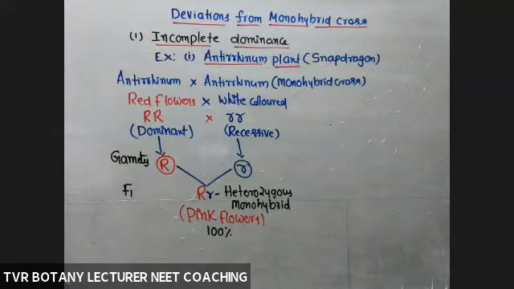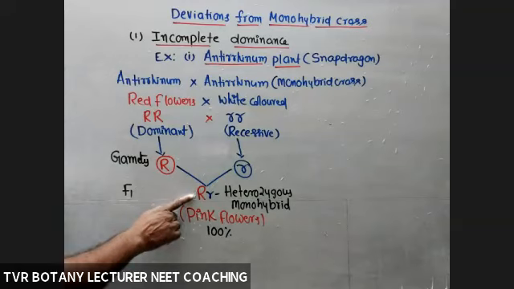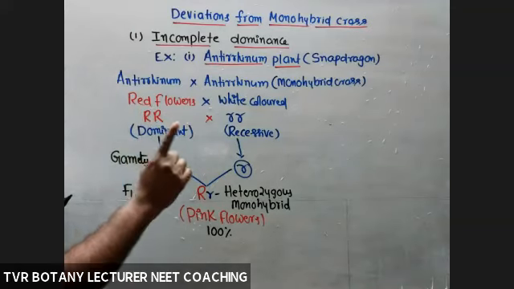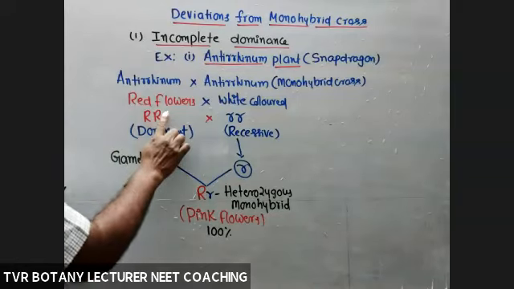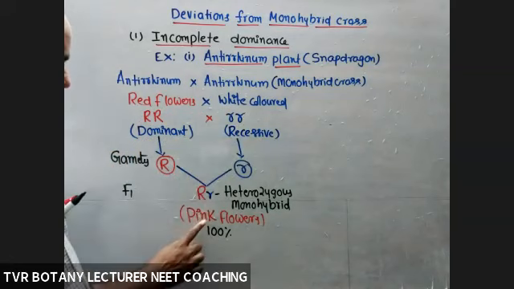According to Mendel's monohybrid cross, F1 must be dominant. If F1 is dominant, what about the color here? It must be red only. Instead of red, pink flowers came into existence. So phenotype 1, phenotype 2, and what about this one? A third kind of phenotype.